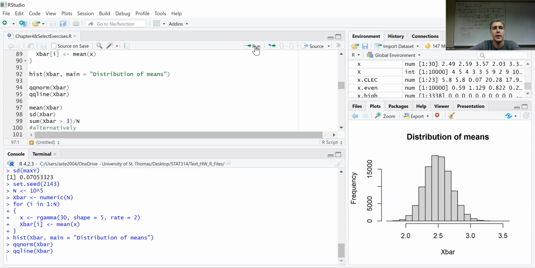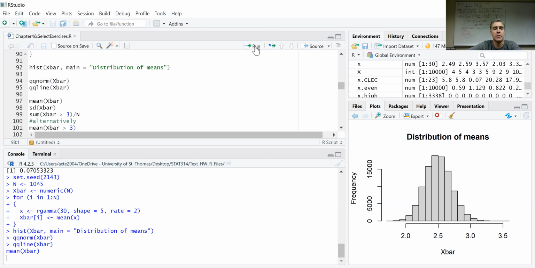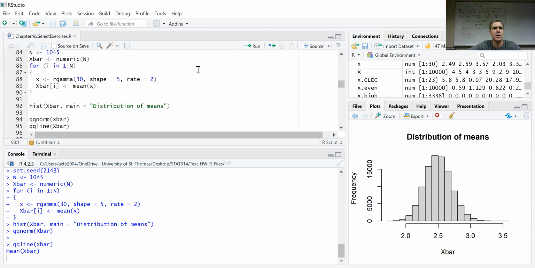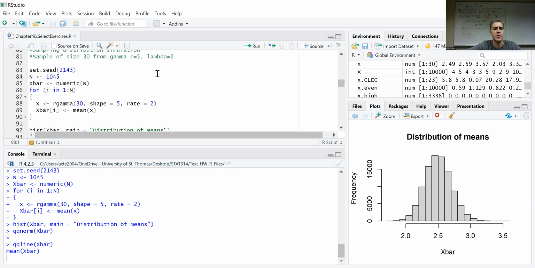But anyway, let's get the mean of x bar. Something appears to be wrong here. I'm not getting the outputs that I should be. So let me try and stop.